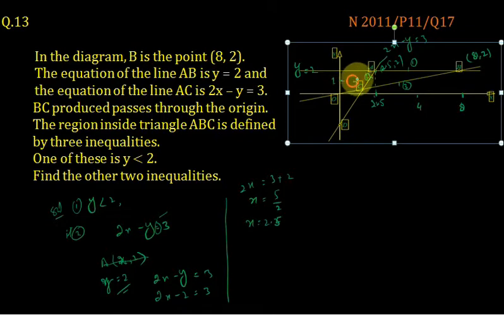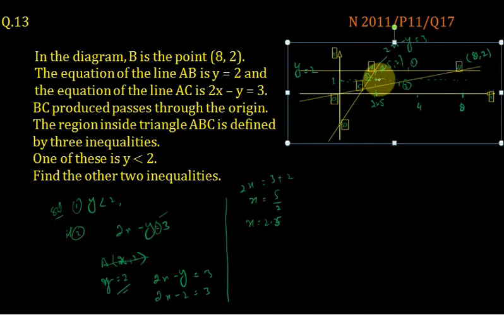If we draw a straight line parallel to y is equal to 2, it becomes y is equal to 1. We have to test this so that we can define the region inside and the sign of the inequality.